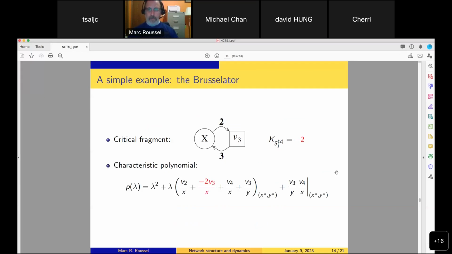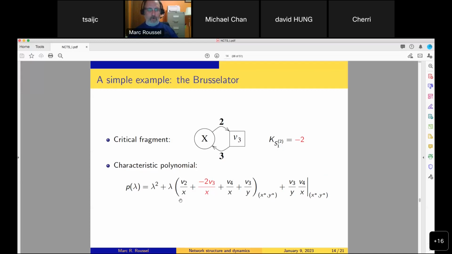The characteristic polynomial of the Brusselator, if you write it down and express the various terms in your Jacobian as V over a concentration, looks like this. Evaluated, of course, these things must be evaluated at the steady state. And you'll note here's my fragment. It involves V3 and X. You get a term in V3 over X in your characteristic polynomial.